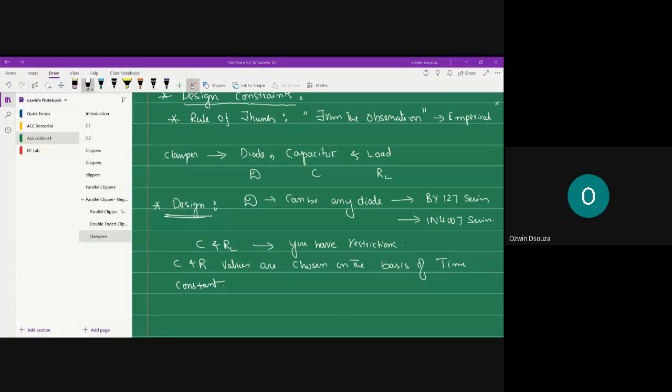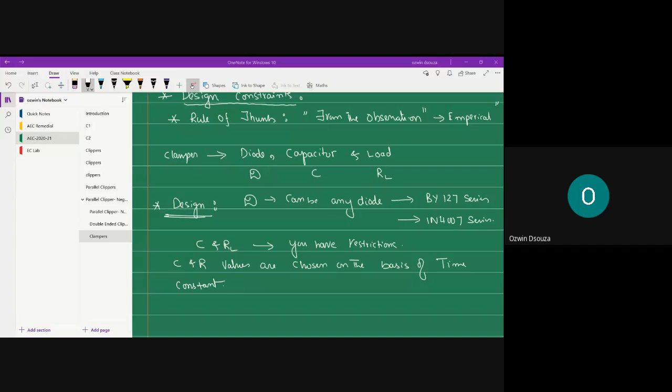Have you come across a word called time constant in basic electronics, or in your 11th or 12th?